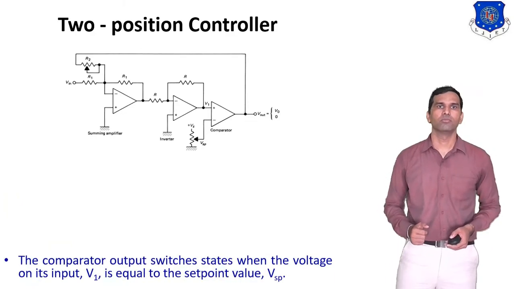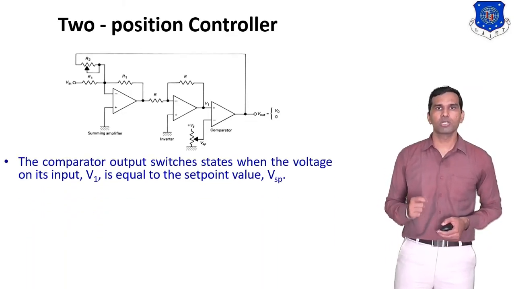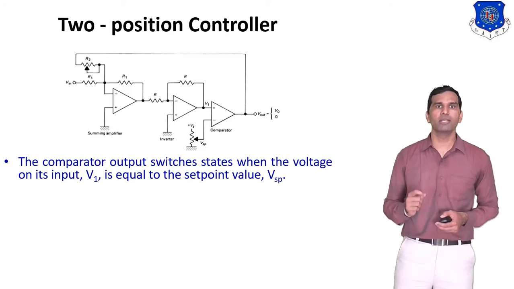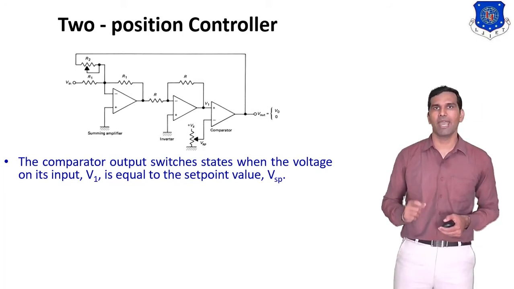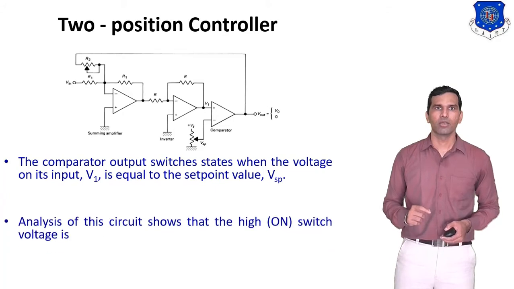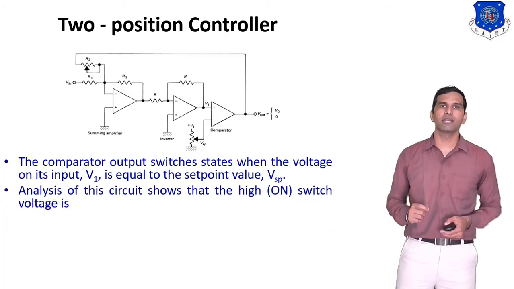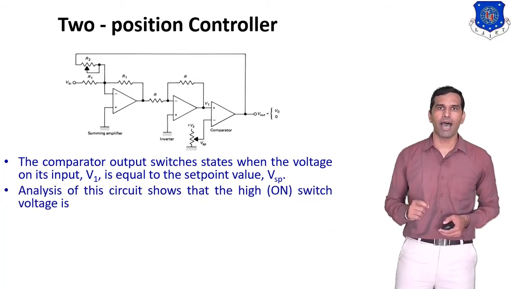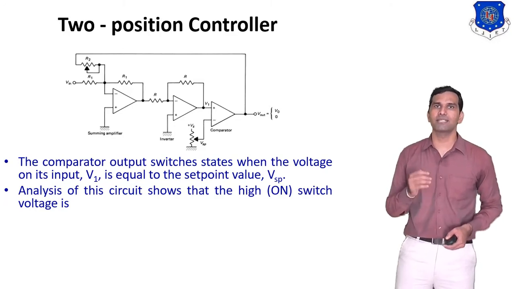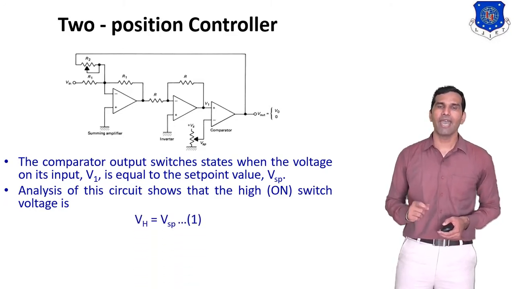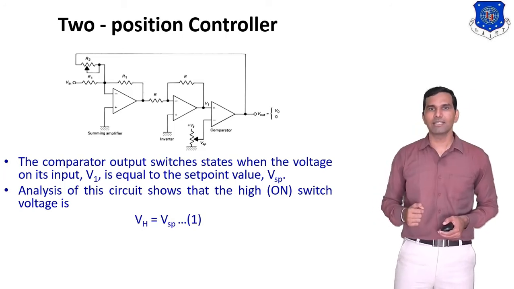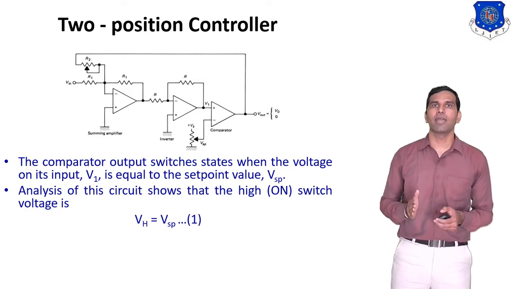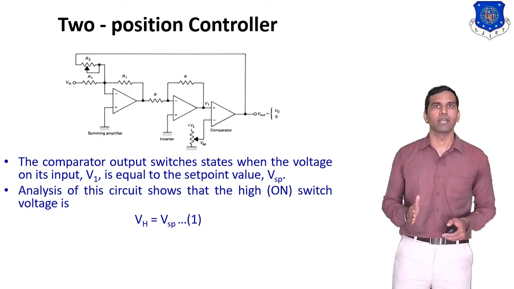Now, the comparator output switches state when the voltage on its input V1 is equal to the set point value VSP. Analysis of this circuit shows that the high, that means on, switch voltage VH is equal to VSP. That means when VH equals VSP, at that time the controller is in the on state.